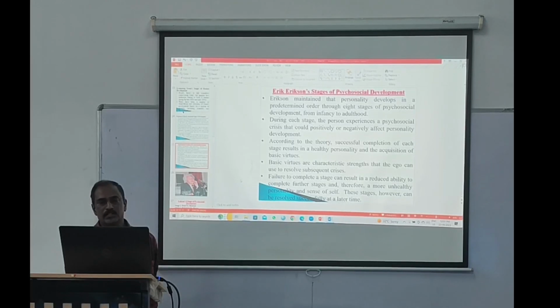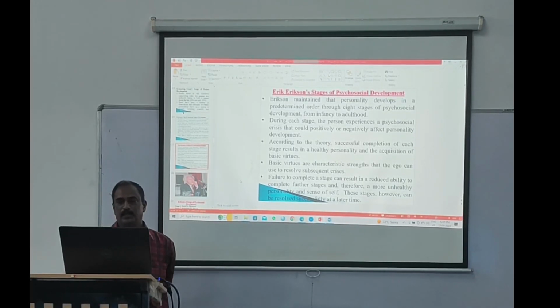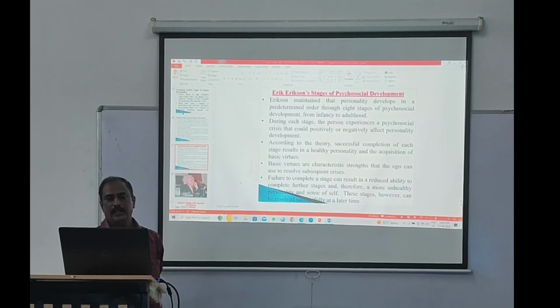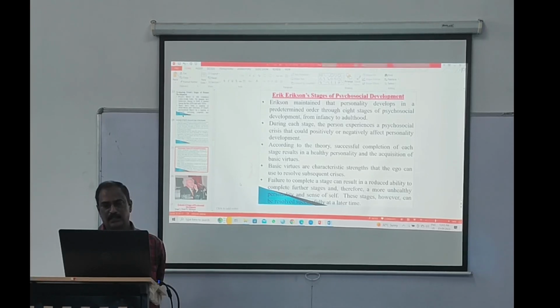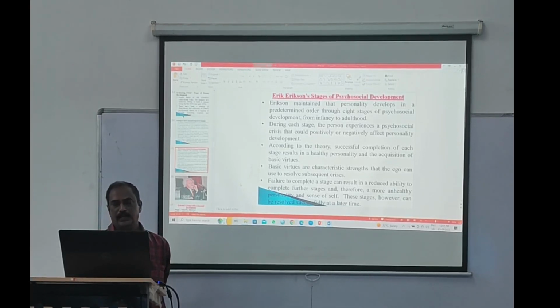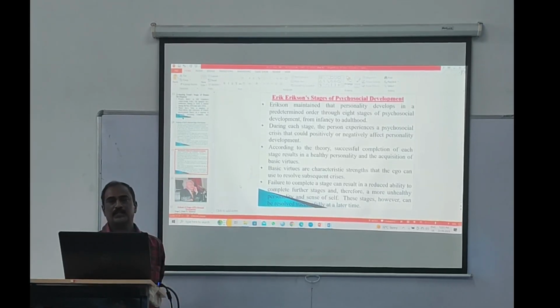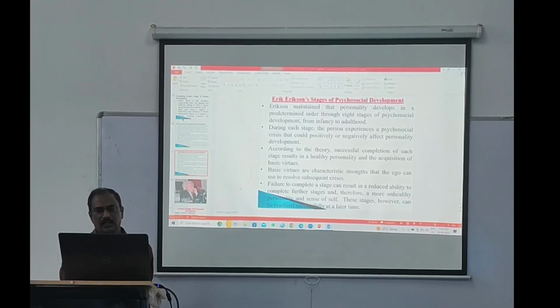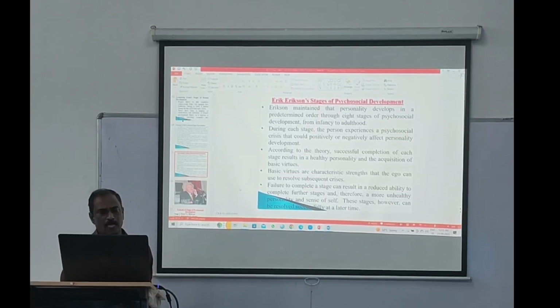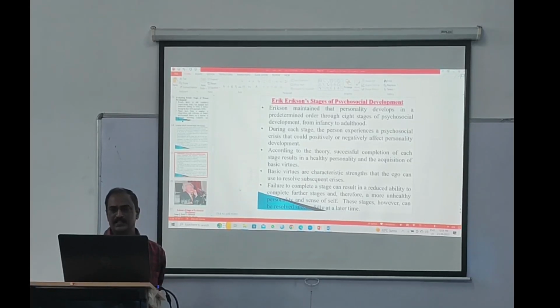So we should have enough knowledge about this theory, because every crisis faced by the student at different stages of development could positively or negatively affect personality development. According to the theory, successful completion of each stage results in a healthy personality and the acquisition of basic virtues. Basic virtues are characteristic strengths that the ego can use to resolve subsequent crises.